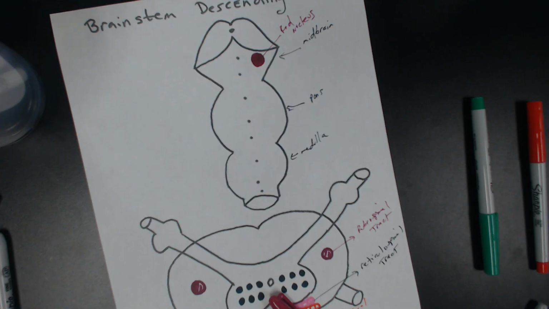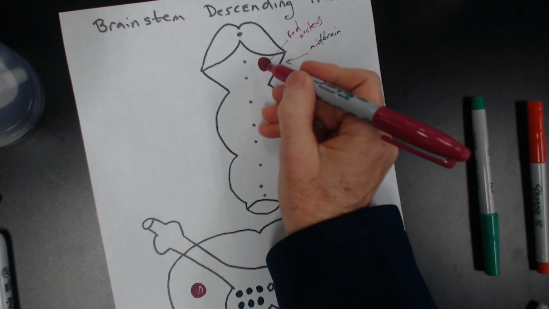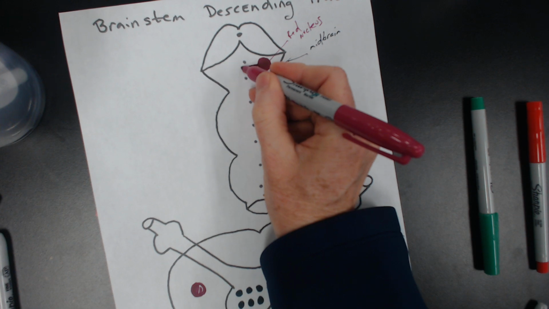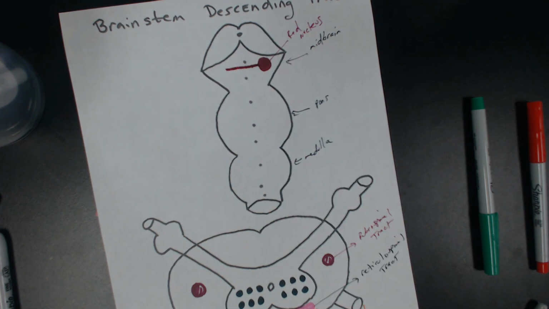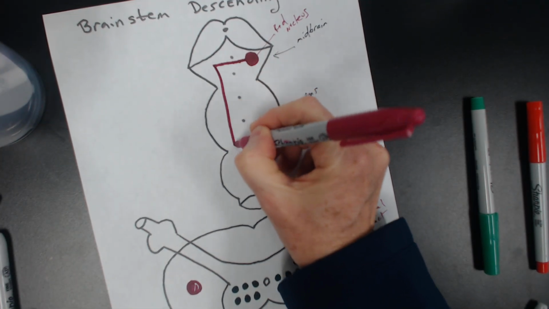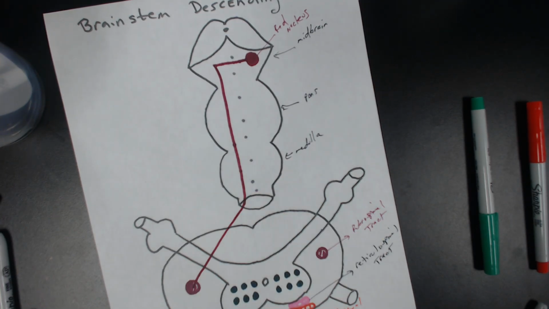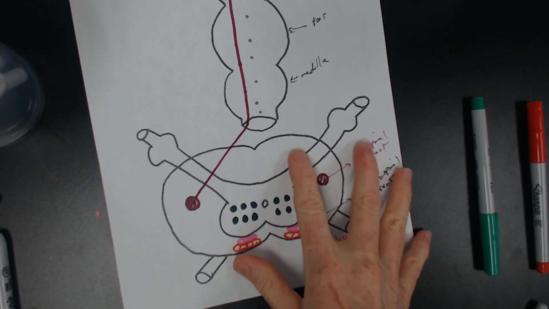When we looked at the overview of all those descending tracts, we noted that the axons coming out of the red nucleus decussated at the level of the midbrain. They decussate immediately coming out of the red nucleus, and they travel all the way down. They travel caudally through the spinal cord in the contralateral rubrospinal tract.